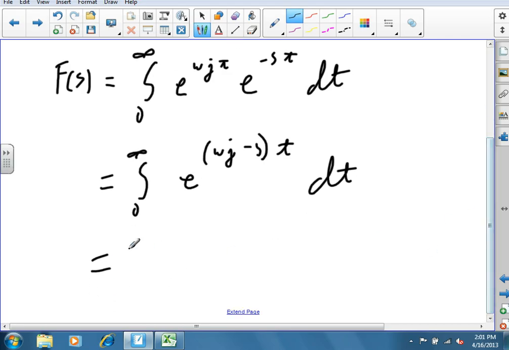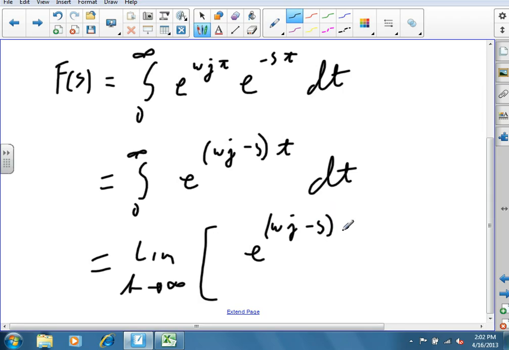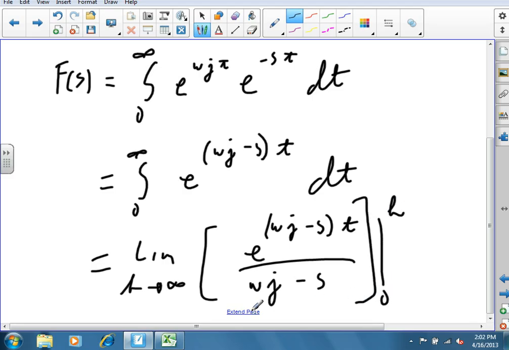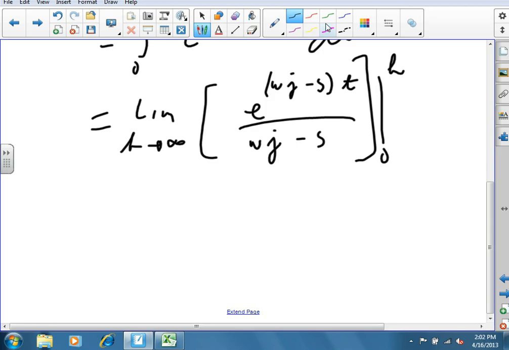And that's going to be the limit as b goes to infinity of e to the omega j minus s, t, divided by omega j minus s, evaluated at 0 and b. All those things are really obvious, right? So far, nothing's up my sleeve even though I have a long sleeve shirt on.